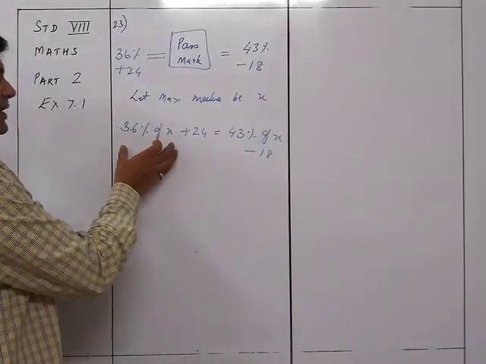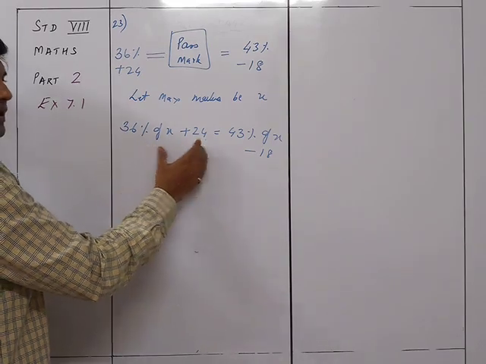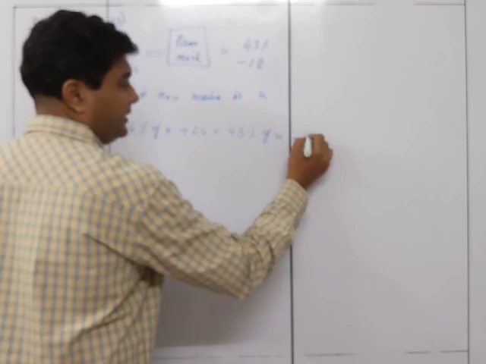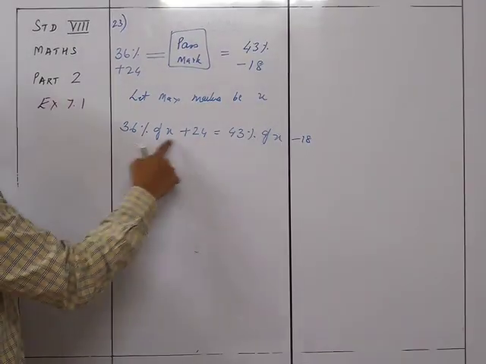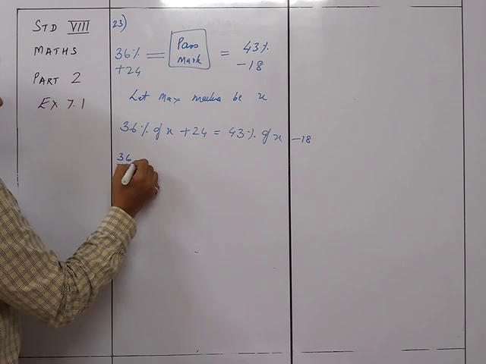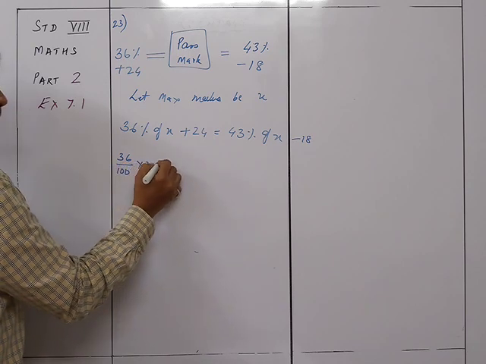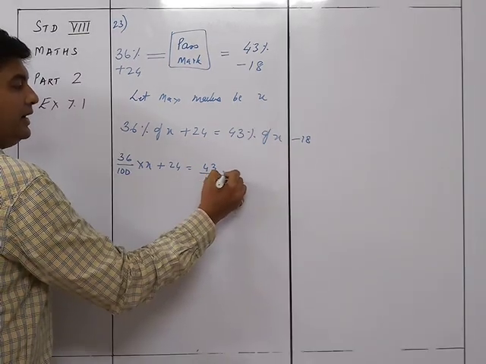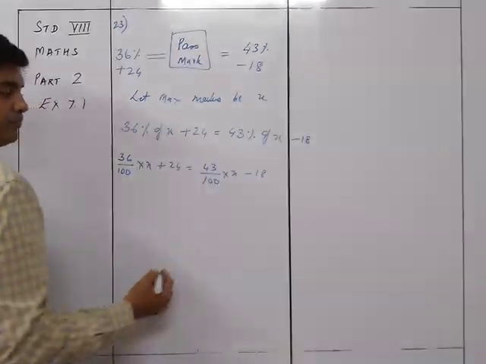So that's why 36% of x plus 24 is equal to 43% of x minus 18. So what is this? This is 36 upon 100 into x plus 24 is equal to 43 upon 100 into x minus 18.